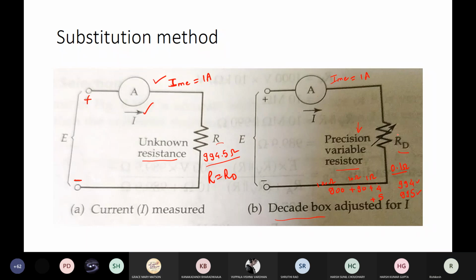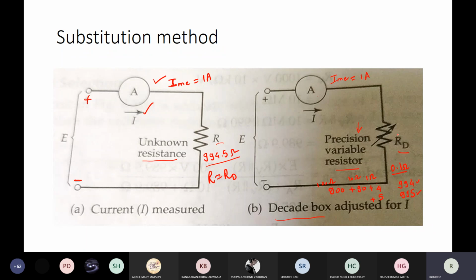Okay. No, but knowledge of RA, how will it help? Because then you can subtract it from E by I. But how will it improve the accuracy of R? Knowledge of I, how will it improve the accuracy of R?